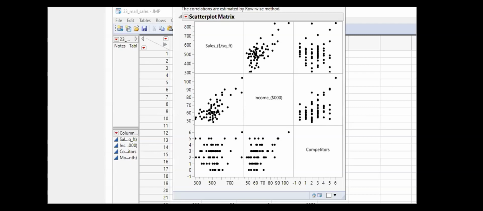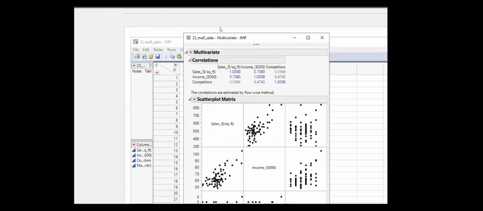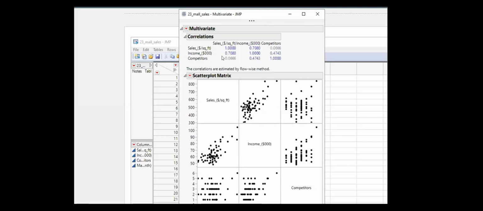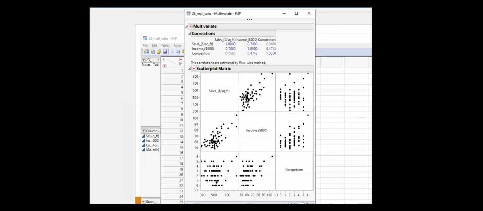Click OK. What you see here is the correlation matrix right there, and your scatter plot matrix is right here. So you don't have one scatter plot, you have multiple, and each of these shows the association or correlation between two of these variables.